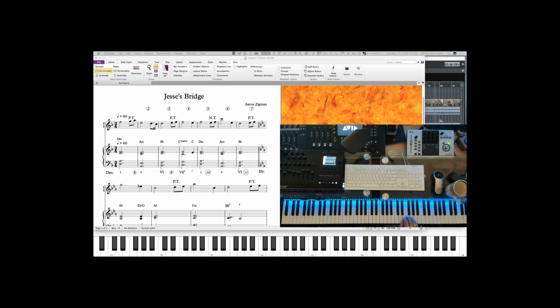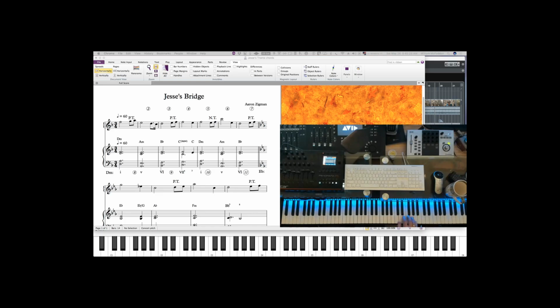Then we have this G to A. So the F is a chord tone, the A is a chord tone of the D minor chord, and the note in between in the scale of D minor is called the passing tone. So we're passing from one chord tone to the next chord tone.